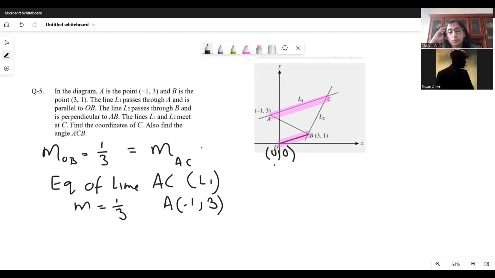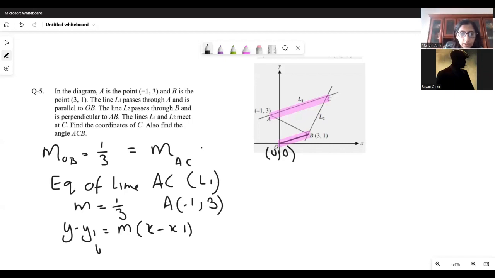Which other formula can we use to find the equation of a line? y minus y1 equals m(x minus x1). That will also work. That is more recommended in this case because you have a point and you have a slope. So better to use the point-slope formula, which does not require us to find c.